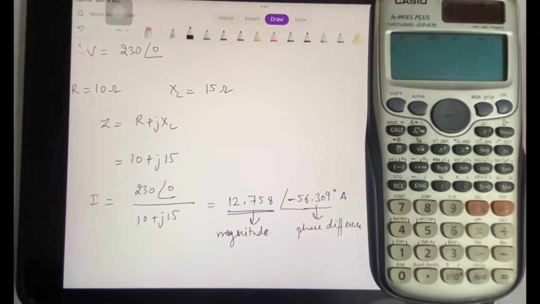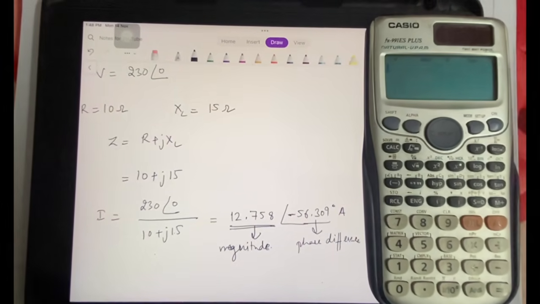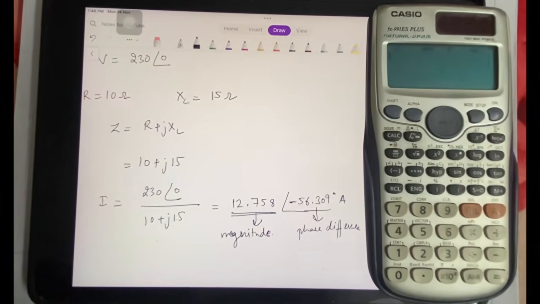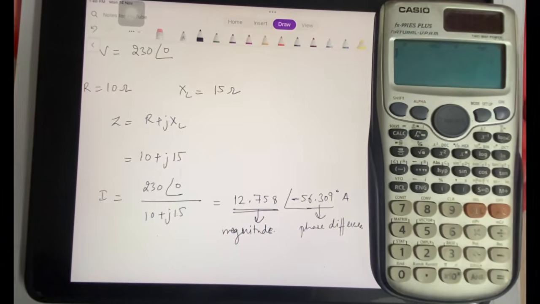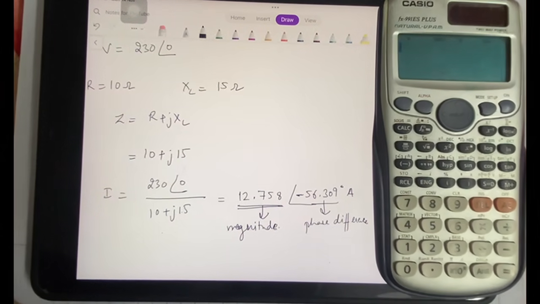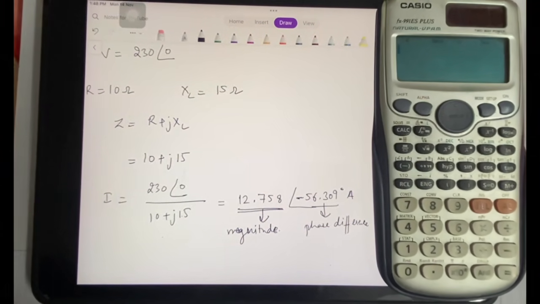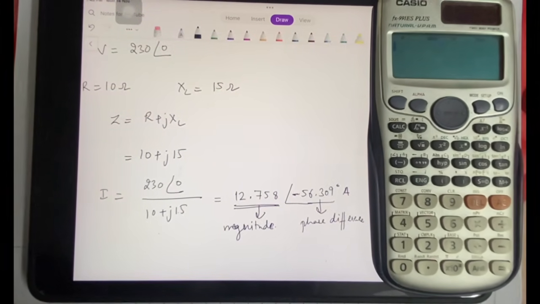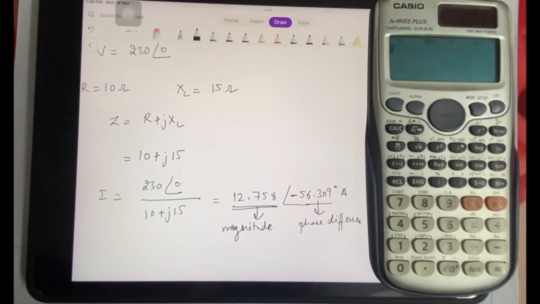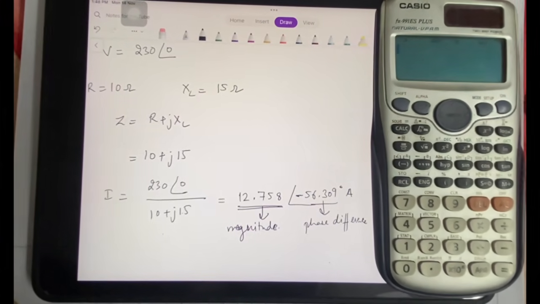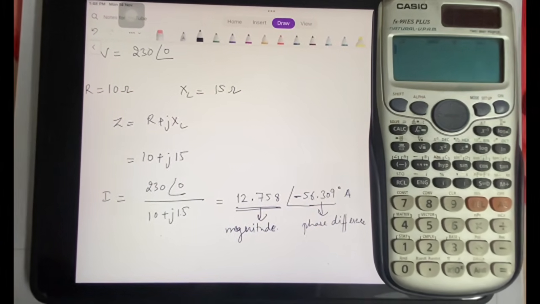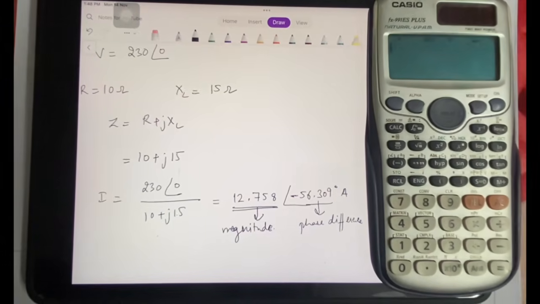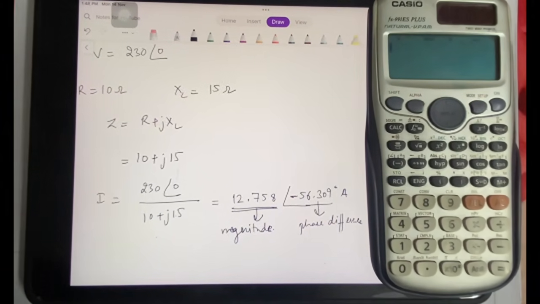Let's see how to use the calculator in complex form. For this, we need to select the complex mode of the calculator. How to select that complex mode? That varies from model to model, but usually the procedure remains the same for the Casio calculators. I'm showing over here for this 991 ES model.